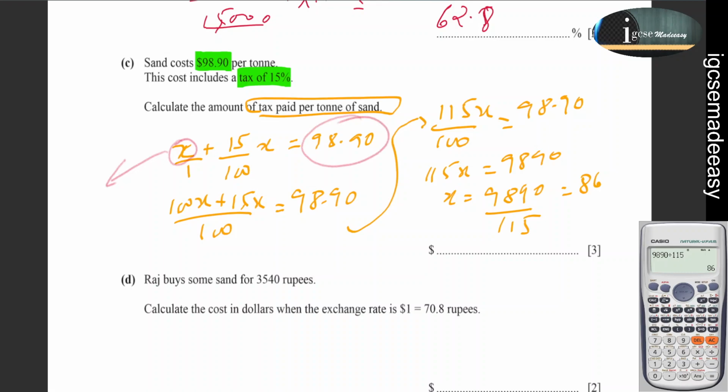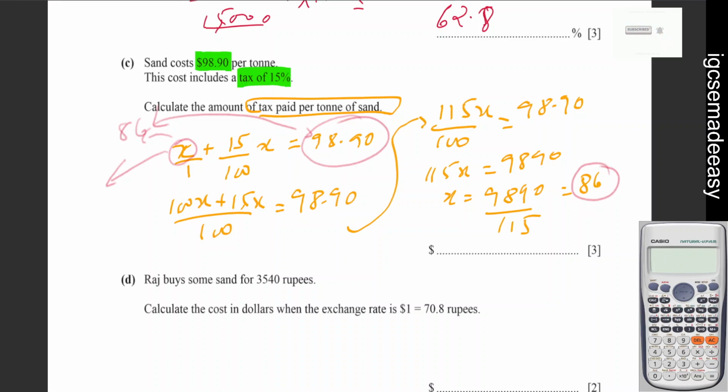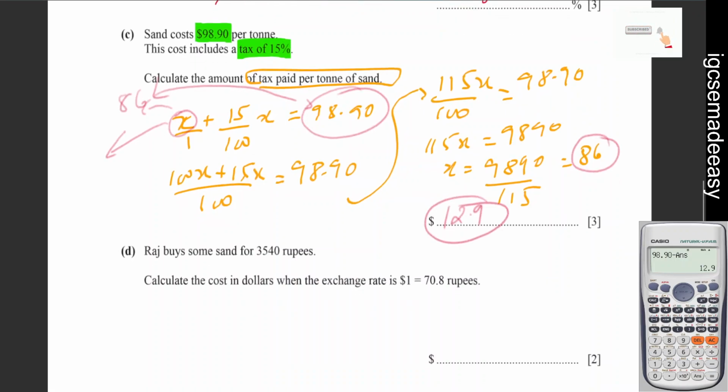So 86 was before the tax we paid, and now we are paying tax, with tax 98.90. So what is the difference? That is the tax amount that we are paying, right? So 98.90 minus our answer that we got. So this will give you 12.9. So it means that 12.9 is the amount that we are paying extra as a tax. Okay.